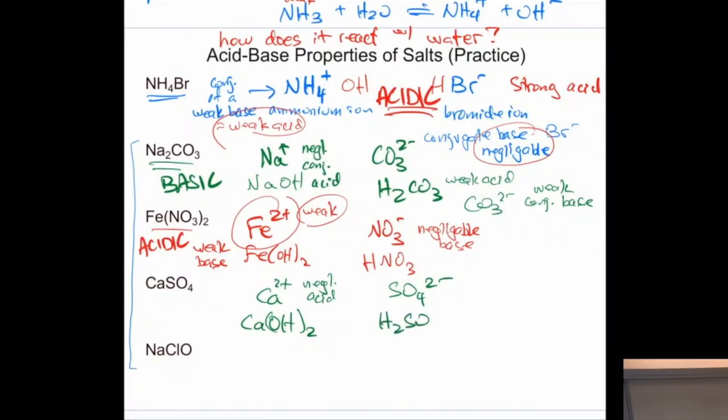Sulfuric acid. Is that a strong acid or a weak acid? Strong. Which means that this is a negligible base. Negligible conjugate base of a strong acid. So what effect would that salt have when you dissolved it in water? What would the pH be? Neutral. That's right. Because neither of them are having an effect on the pH now. So this one's neutral. Very good.